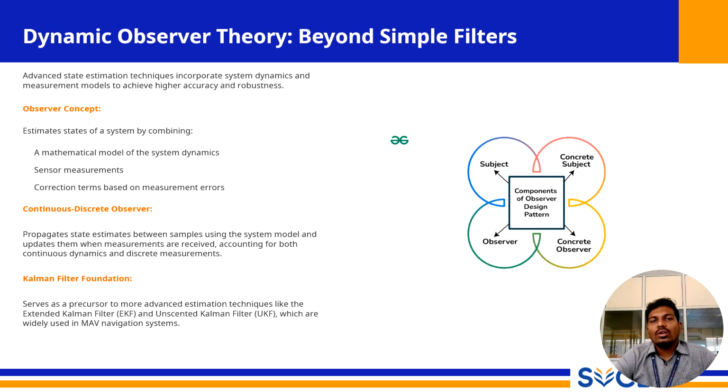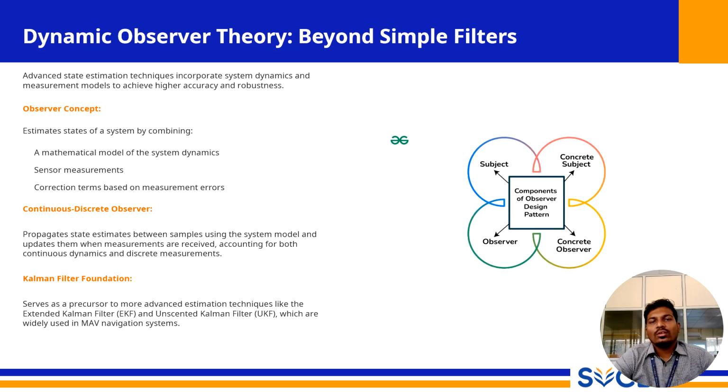The difference between these two is the error, which is then used to correct the initial prediction. This constant cycle of predicting and correcting allows the observer to track the true state of the system with incredible accuracy, even when the sensor measurements are noisy and incomplete.